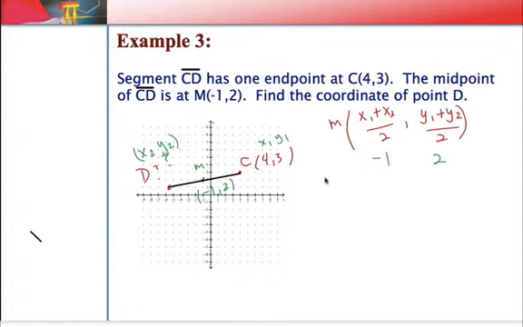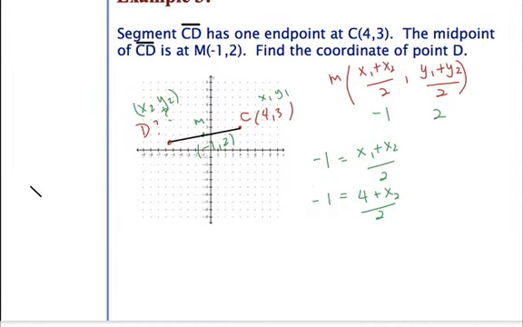So we'll start out with two different equations. We know that -1, the x-coordinate of my midpoint, has to be equal to x1 plus x2 over 2. But we know x1. So we could say -1 would be equal to 4 plus x2 over 2. And I want to solve for x2.